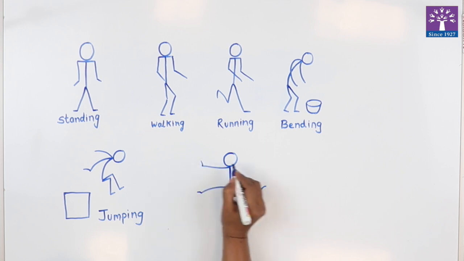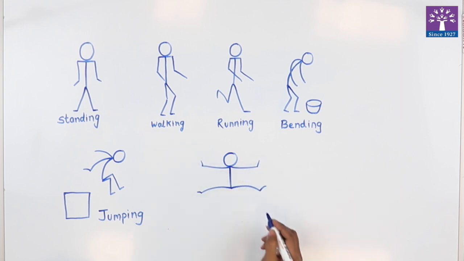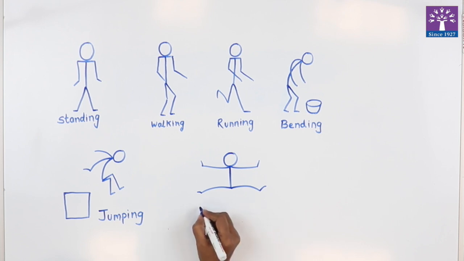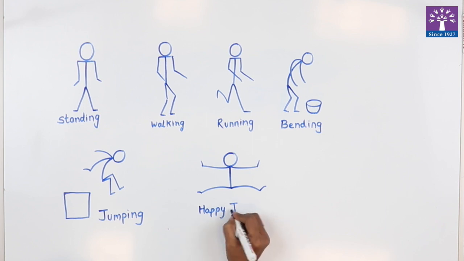Your arms spread and you're jumping happy. This is happy jumping. Isn't it easy? Let's try it in the book.